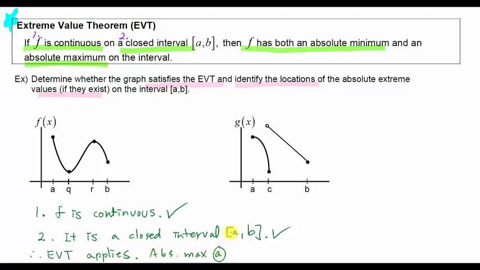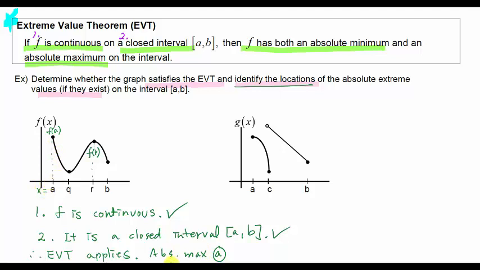So absolute max at where? Because it's only asking you to identify the location. Which one seems higher? This is f of a, which is one of the endpoints, and this is one of the hills, f of r. Which one seems higher to you? In my eyes, f of a seems higher. So f of a is the maximum, but since it's asking where it's happening, it is happening at x equals a.